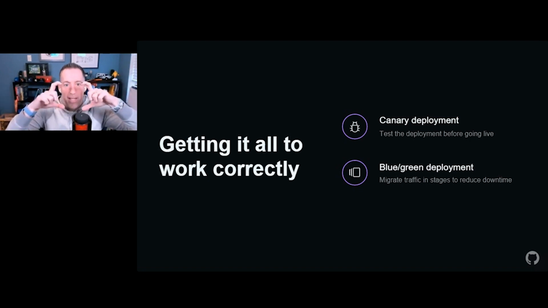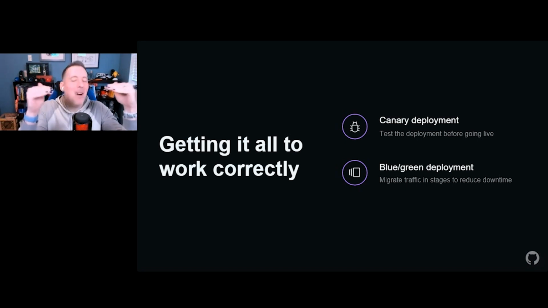So now not only is that service going to have some bit of downtime, but all of the services that depend on it are also going to have downtime. So with a blue-green deployment, what I'm going to do instead is slowly start migrating traffic over to that new service until eventually all traffic is now using that updated service.